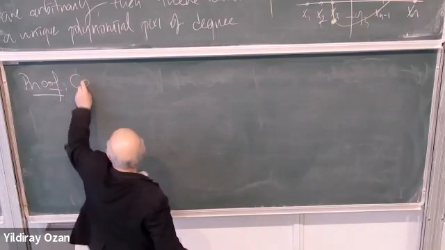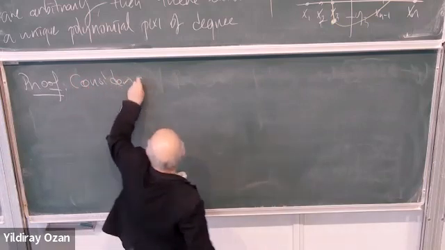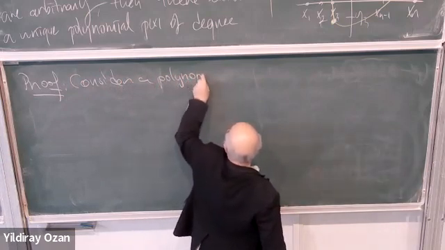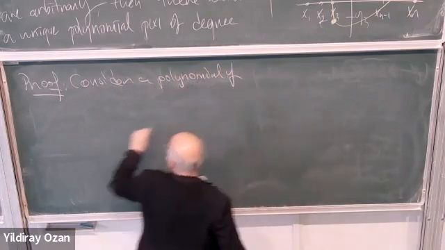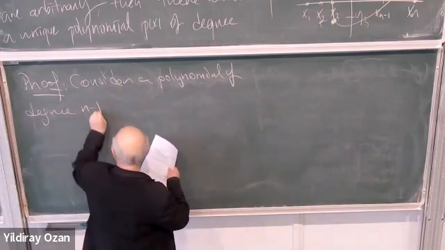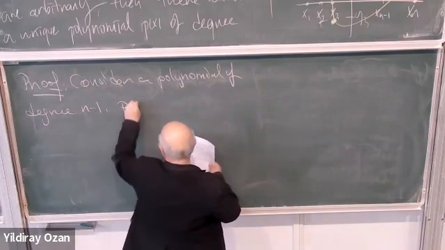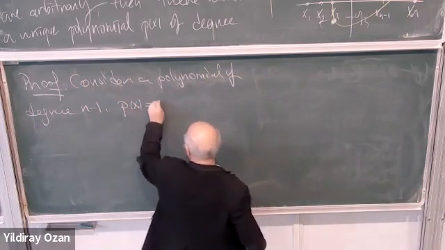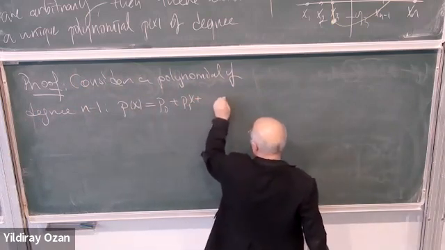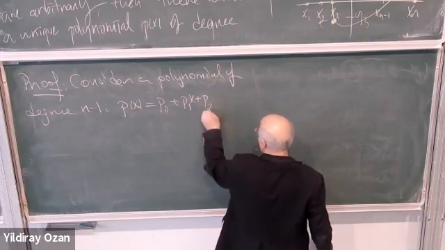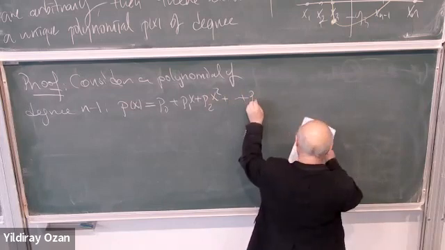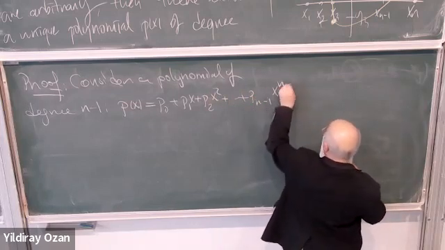Now consider a polynomial of degree n-1. Let's say P(x) equals P0 plus P1 x plus P2 x squared, up to Pn-1 x to the power n-1.